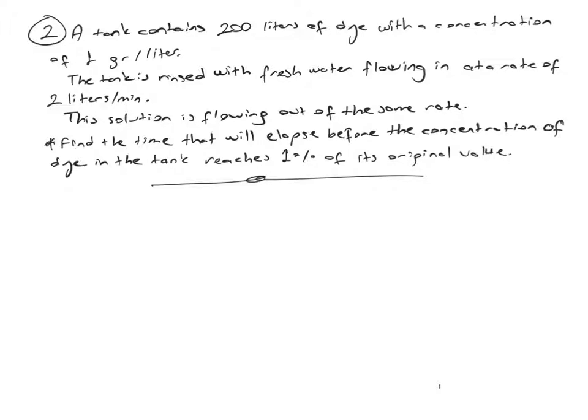Let's say the mass of dye in the tank is denoted by Q. So the rate of change of dye per unit time is denoted by dQ over dt. The unit of dQ over dt is grams per minute. Q is the mass of dye.